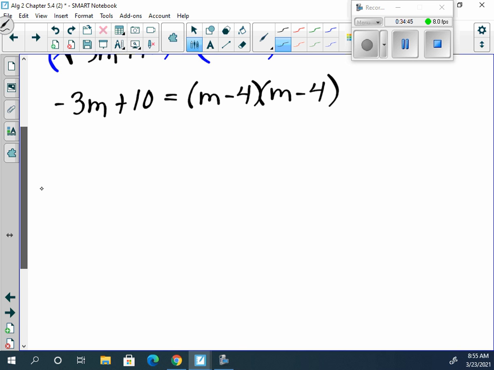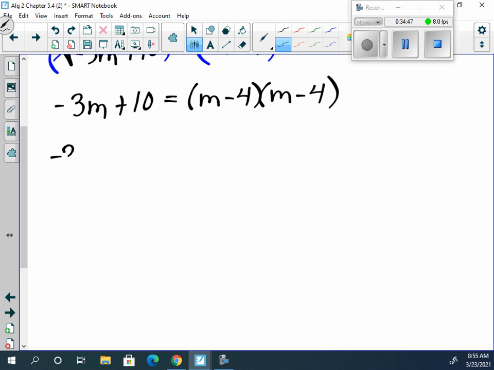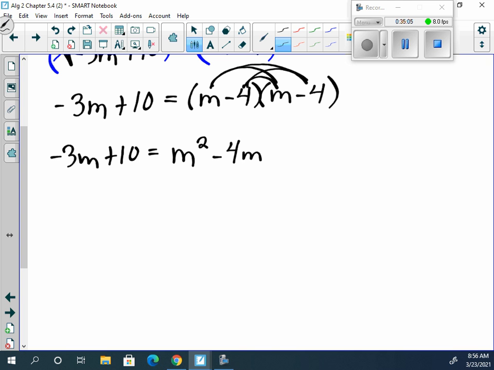A little more room. And to simplify this here, we will distribute. M times m will give us m squared. M times -4 would be -4m. Now, negative 4 times m would be negative 4m. And lastly, negative 4 times negative 4 would be positive 16.